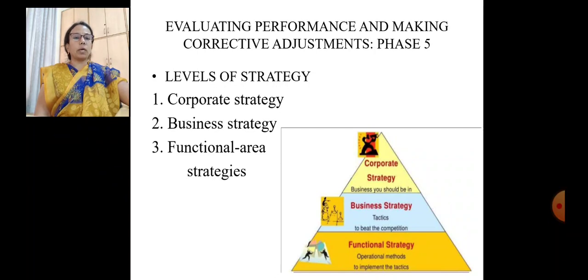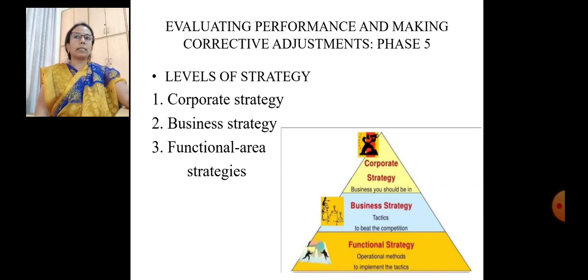Then coming to business strategy, it concerns the actions and approaches crafted to produce successful performance in one specific line of business. The key focus is crafting responses to changing market situations and initiating actions to strengthen market position, build competitive advantage, and develop strong competitive capabilities.